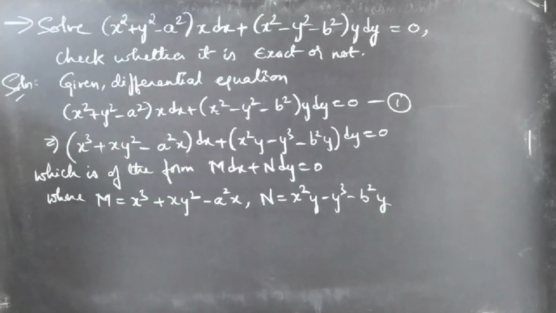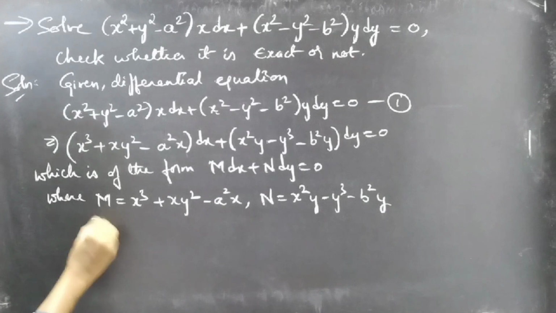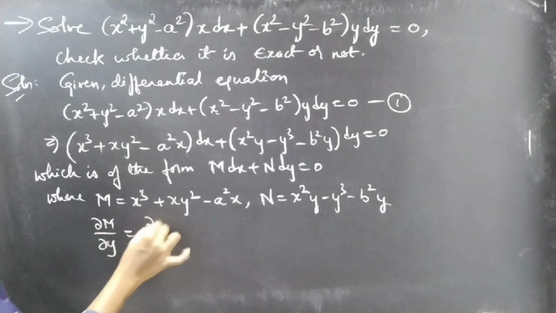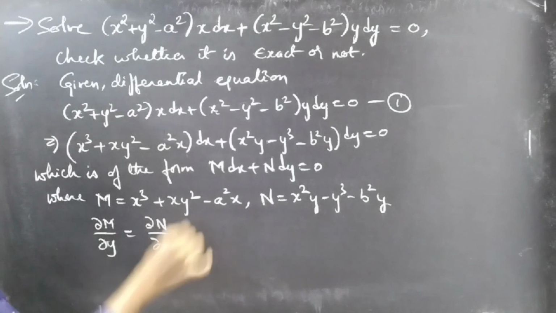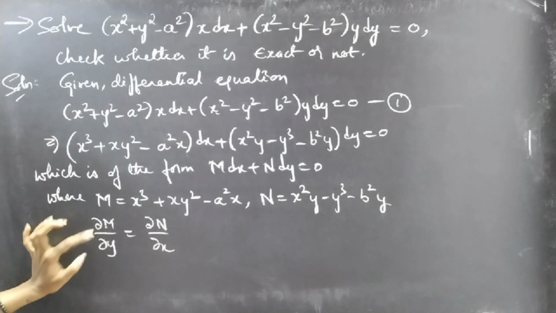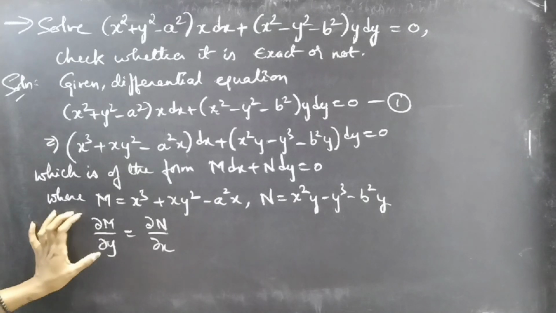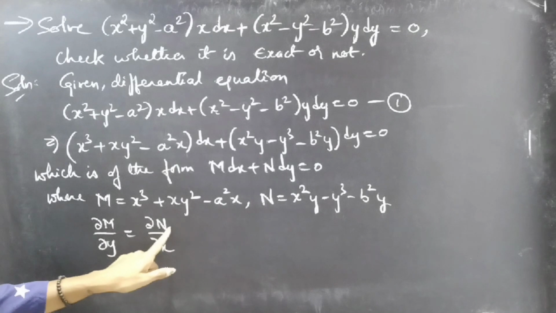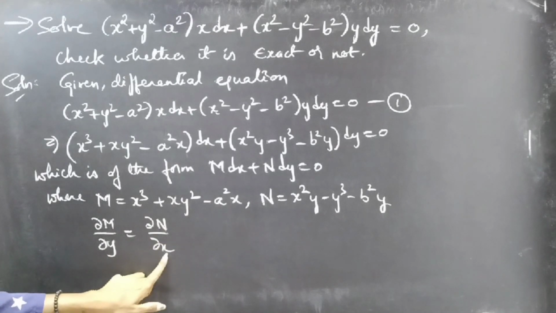We can say that the given differential equation is exact if ∂M/∂y equals ∂N/∂x. That is, the partial derivative of M with respect to y, treating x as constant, equals the partial derivative of N with respect to x.